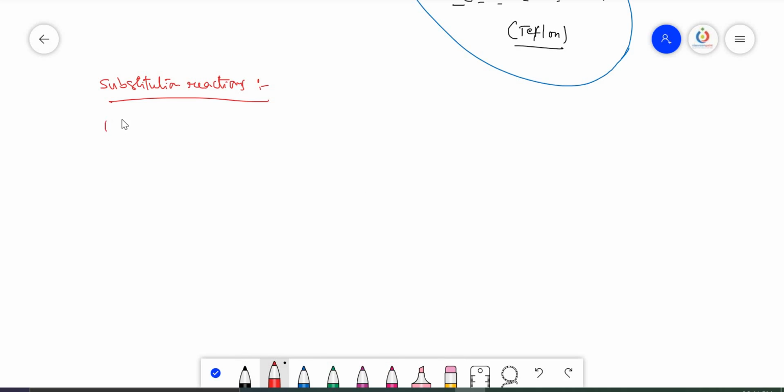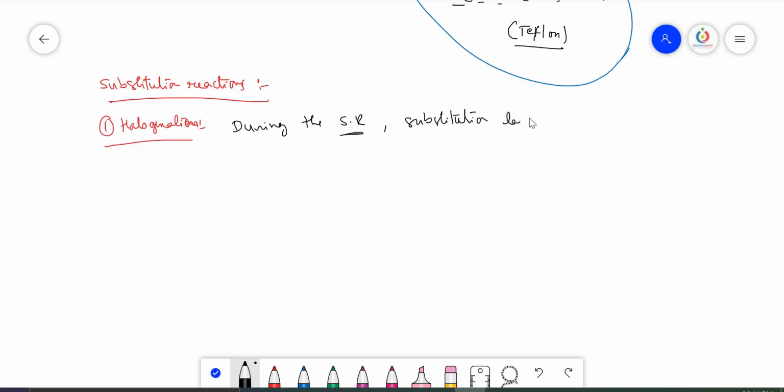In the substitution reactions, halogenation is the only important reaction, so I am going to discuss halogenation only. During the substitution reactions, SR meaning substitution reactions, substitution takes place at the allylic position.